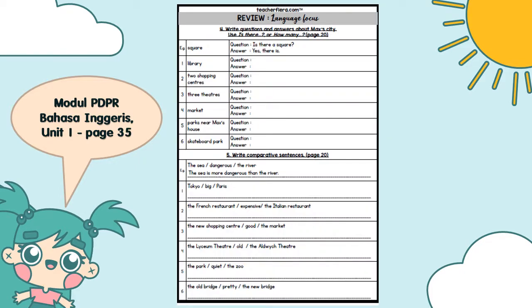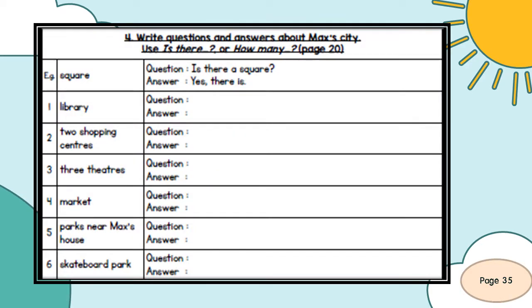Now, let's proceed to questions 4 and 5, page 35. Question 4. Write questions and answers about Mac's city. Use is there or how many.